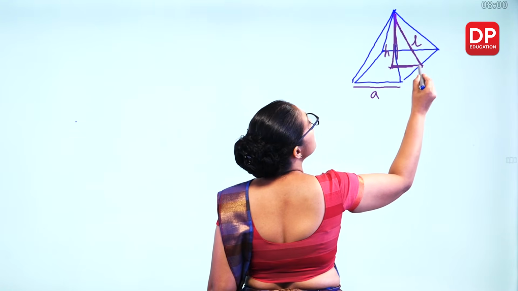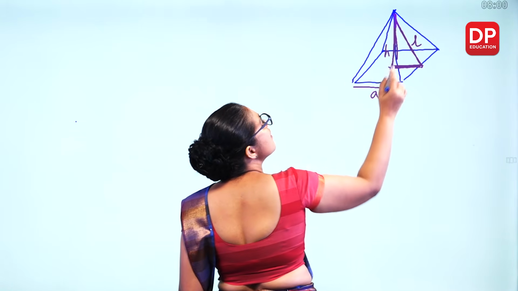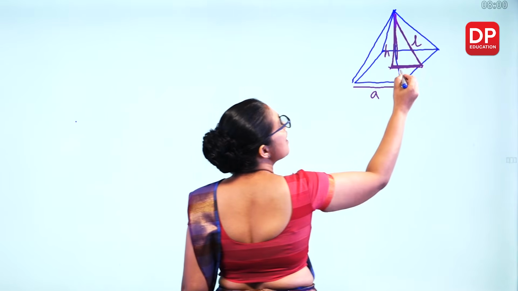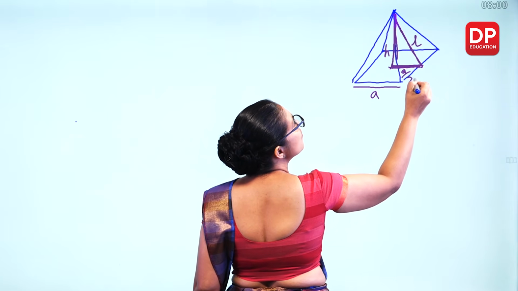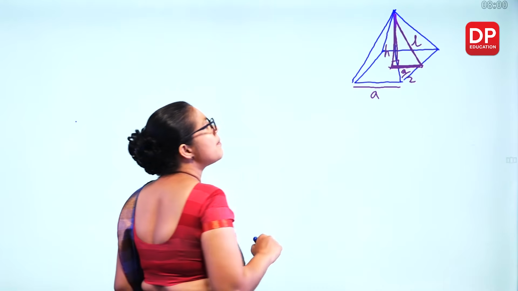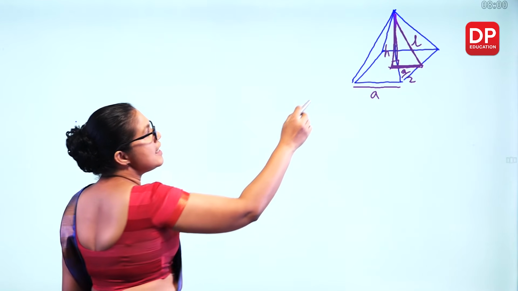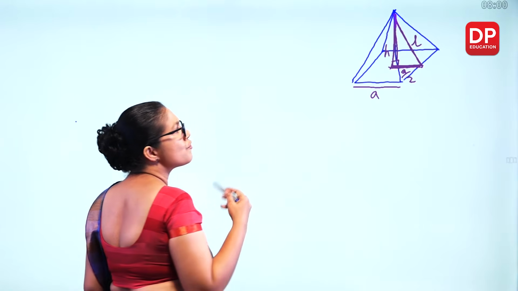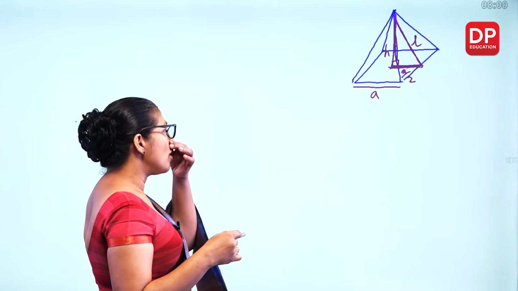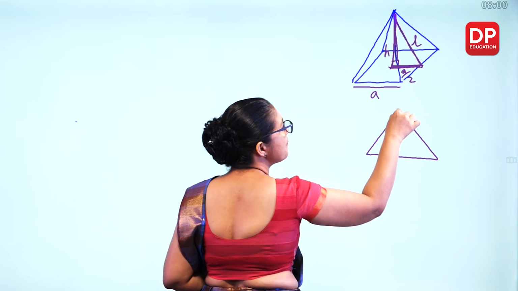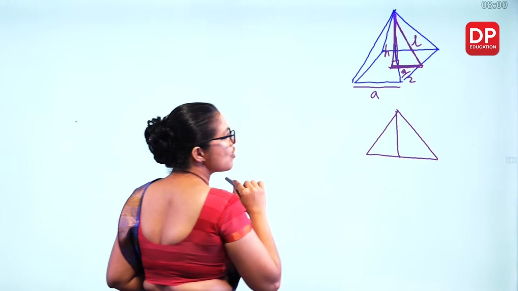So what is this one? We know the full length of one side is A, so this becomes A over 2. And here, this is perpendicular to the base. We need to know this one to find a relationship. Also, if you take the triangle separately, how can we draw the triangle?